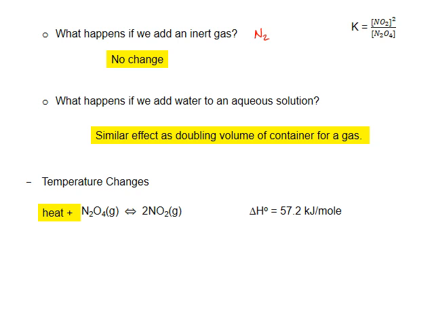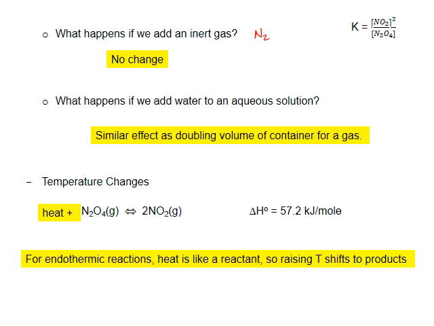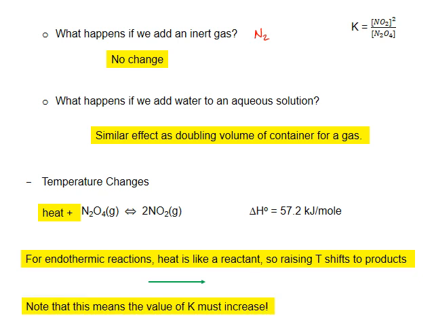So raising the temperature on an endothermic system will cause the reaction to shift towards products to use up the added heat. Notice since we've made no other changes, this means that the value of K must increase. As we mentioned in one of the first videos, the value of K is temperature dependent.